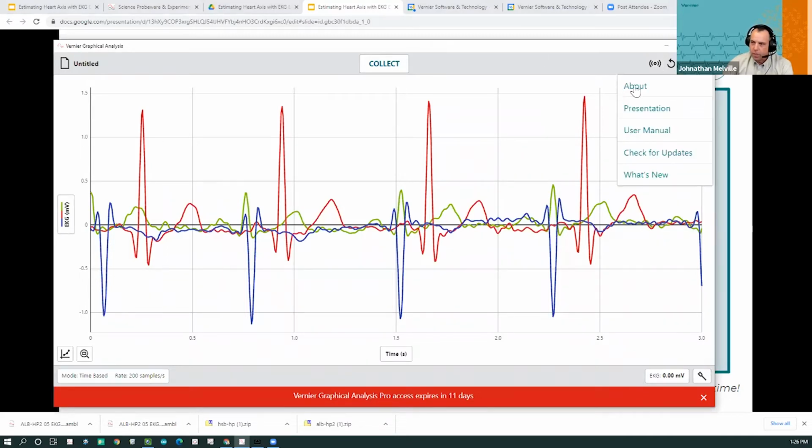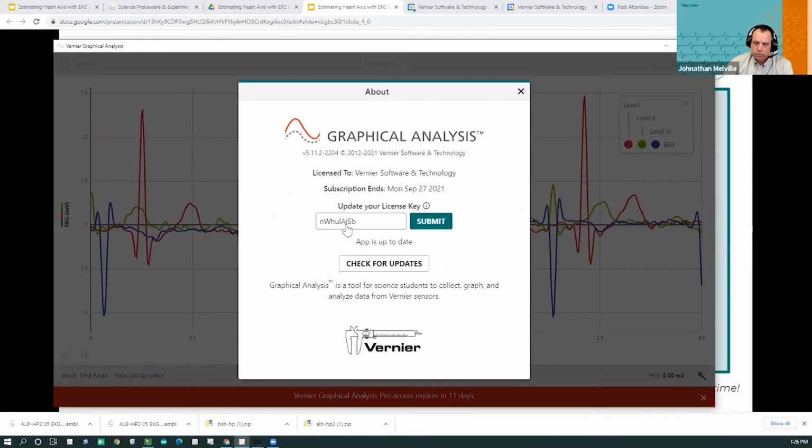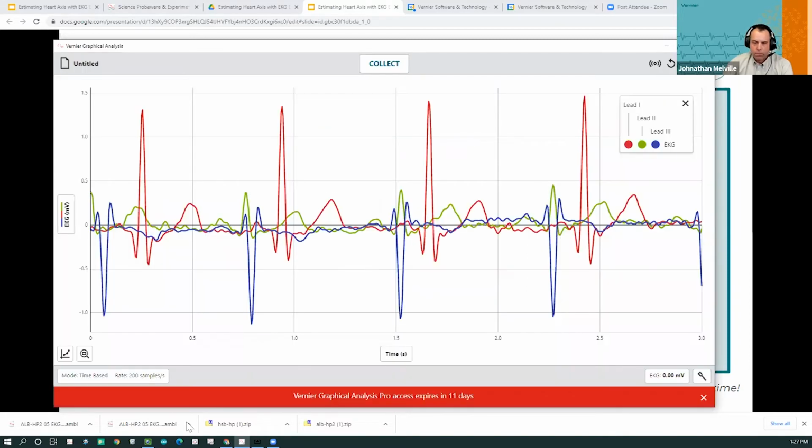If you go to About, you can update your license key. You're going to want to put in there N capital W H U L capital A J capital S B. By doing that, you will get a version of GA Pro that will last for about 2 weeks. So I would definitely try doing that.